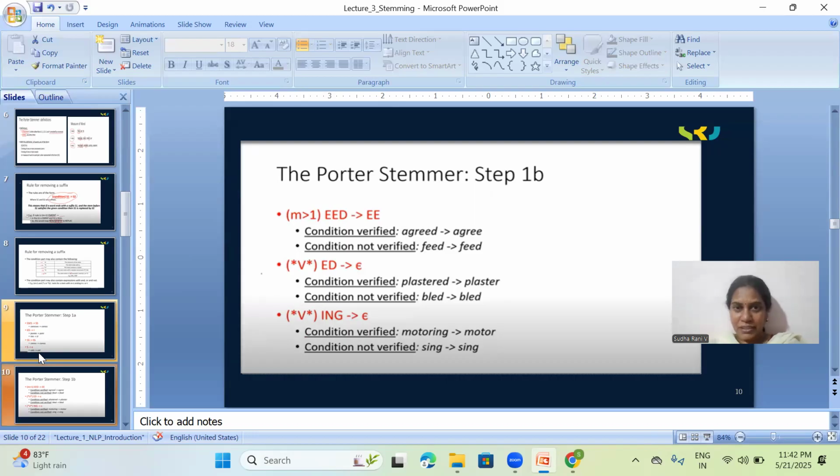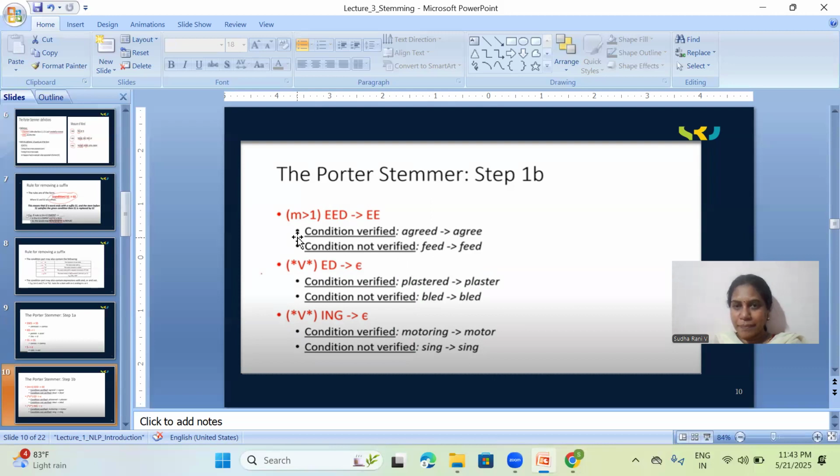Step 1A is done; now step 1B. M should be greater than 0. See, EED tends to EE. Agreed tends to agree: condition verified. Feed tends to feed: condition not verified.